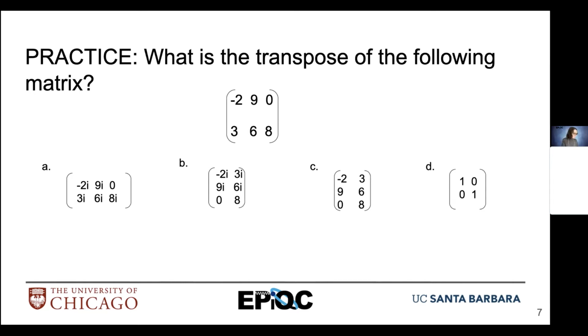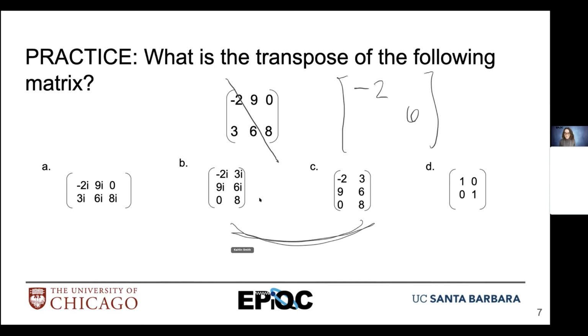All right, so it looks like we have C as our most popular answer. And we can check this out. Let's try. We're going to write our diagonal and then flip everything. So we'll start with our known values. So 2 and 6, our values on the diagonal, are going to stay the same. We are exchanging our rows and columns. So we know it has to be one of these two. This is just a red herring.